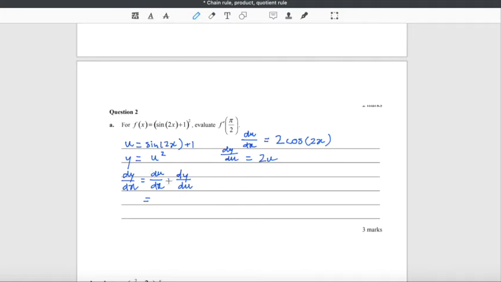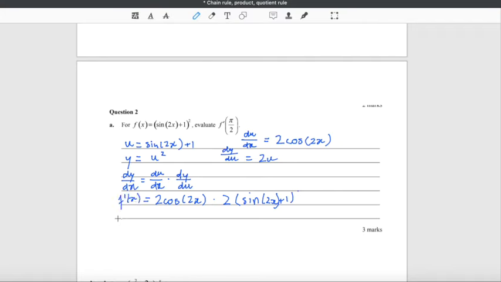So du dx is 2 cos 2x. And dy du is 2u. And so that's 2 times sine of (2x plus 1). Oops, bracket there. That's the f dash x.